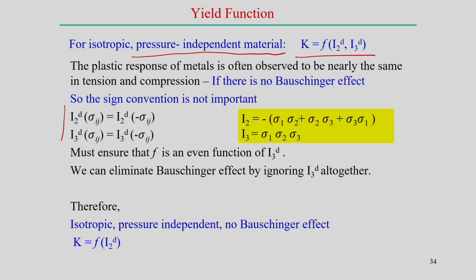So in that sense, the metal has no Bauschinger effect. Mathematically, this can be said as I2d of sigma ij equals I2d of minus sigma ij, and likewise I3d of sigma ij equals I3d of minus sigma ij. When these are equal after changing the sign, the function is an even function.